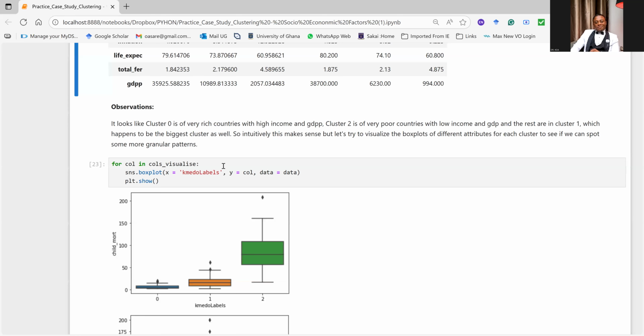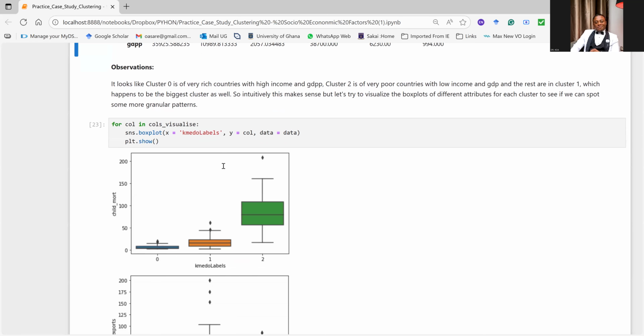Now, I'm not going to run this, like I said before, because the original library was not loaded from scikit. When you do that, you see that group 2 is interesting: the child mortality in group 2 is higher. Remember that here, for the K-medoids method, group 2 has swapped with group 0.